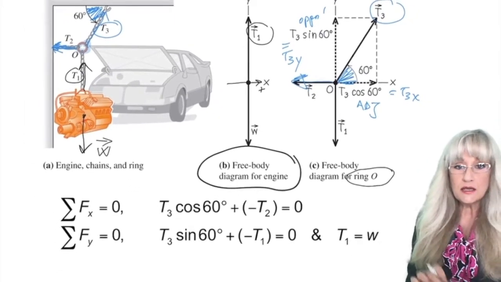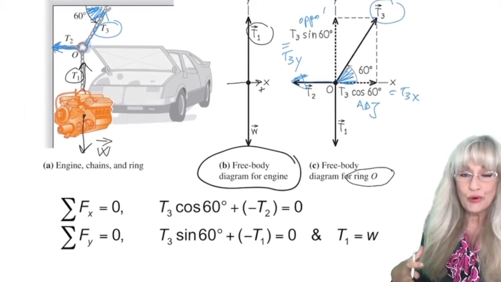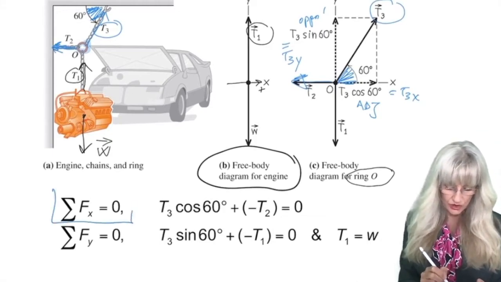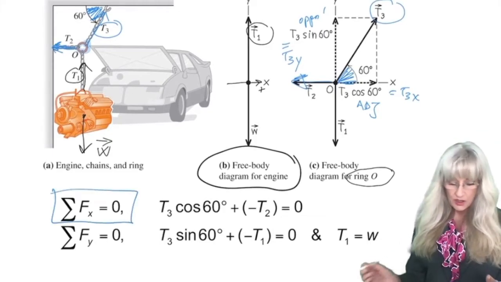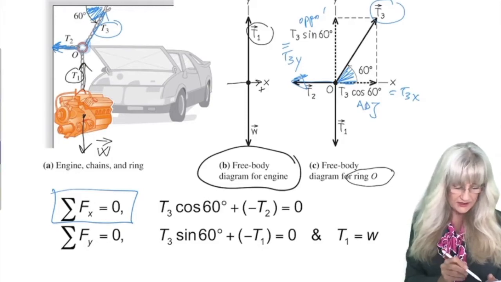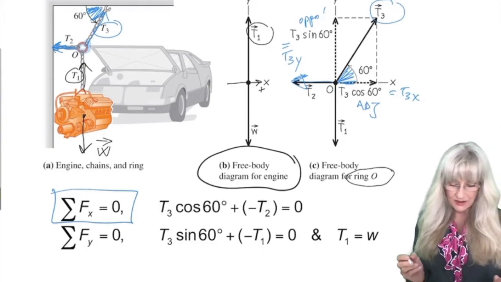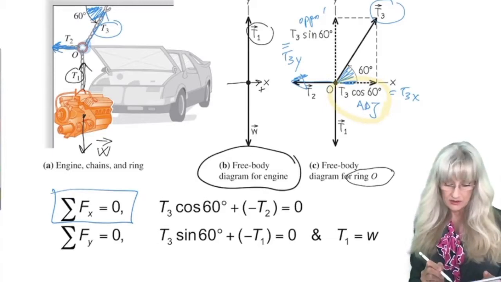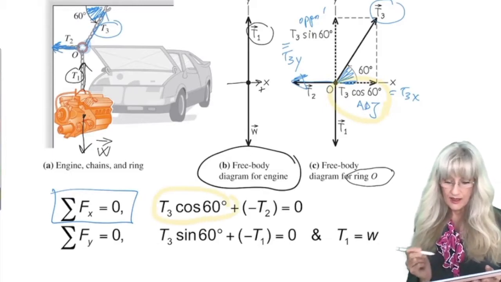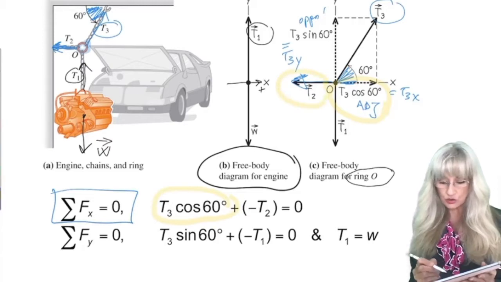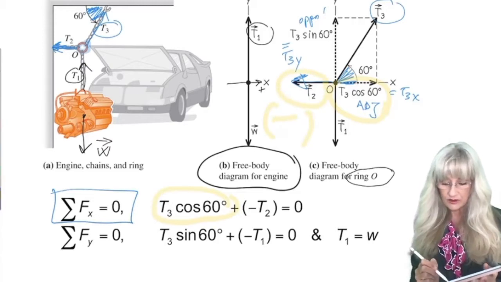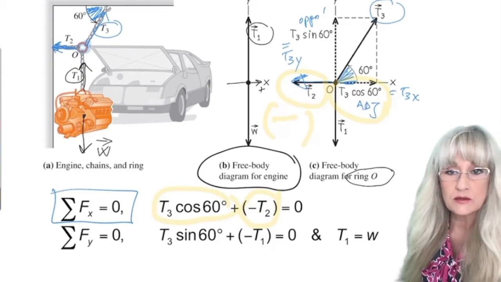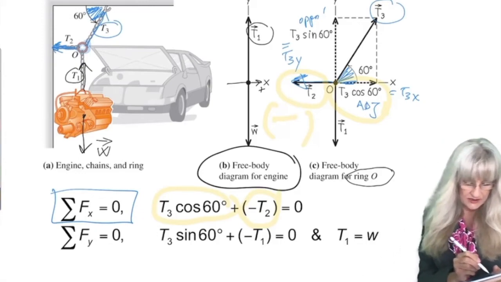So basically, once we have all the components, all the forces visualized, we can apply the first condition, sum of forces equal to 0. So what do we have on the x-axis? Let's highlight it in yellow. We have this one, T3x, exactly here. And then you have T2, which is negative because it points in the opposite direction of the positive x-axis.